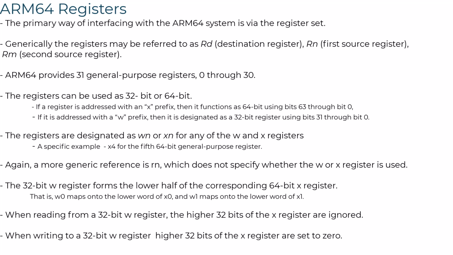So it's the same register, except that we use only the lower 32 bits. If we're reading from the 32 bits of a W register, then the upper 32 bits of the X register are not involved. But when we write to it, then the higher 32 bits of the register are set to 0.